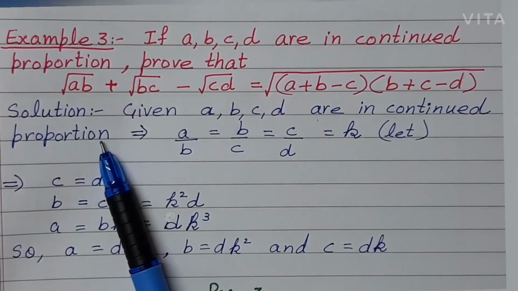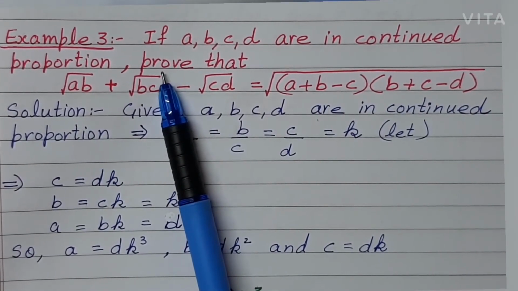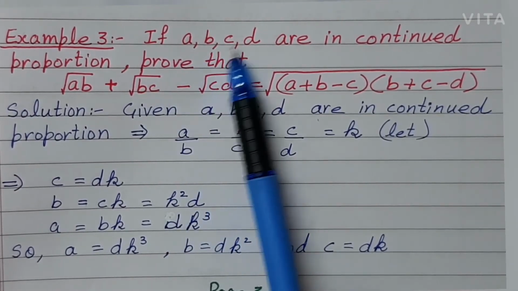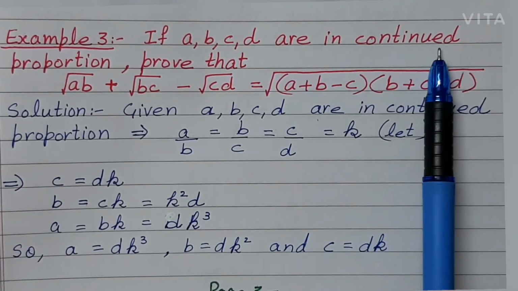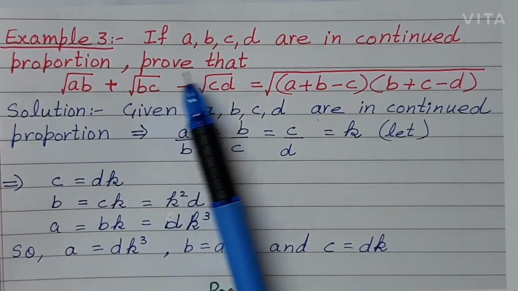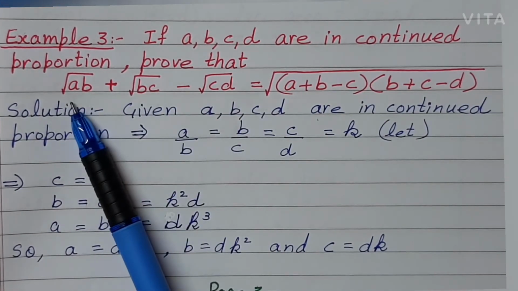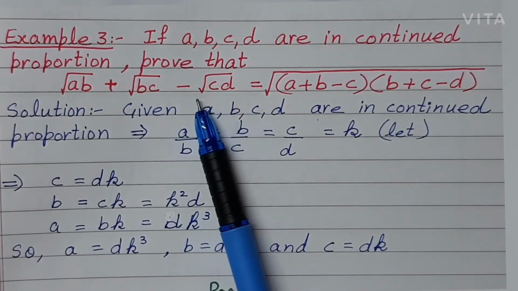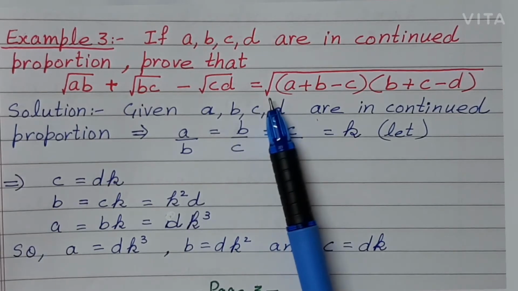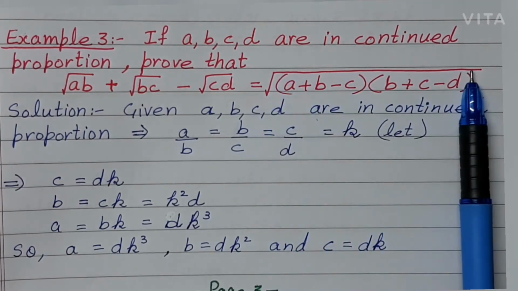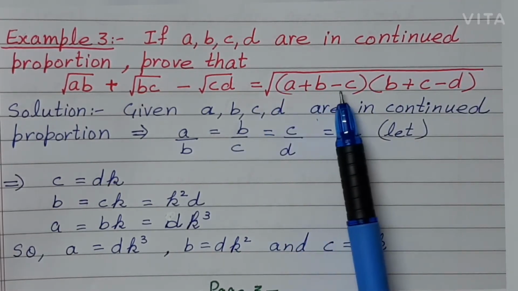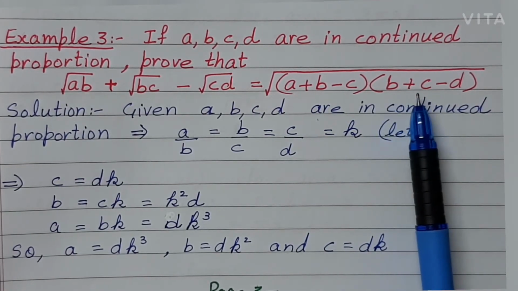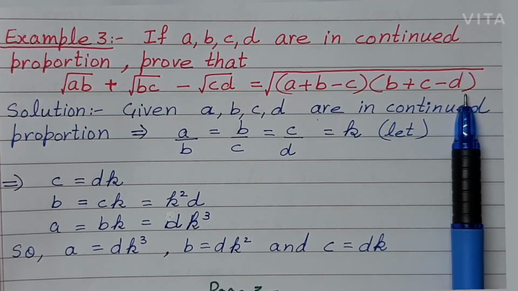Now, students, the next example is, if A, B, C, D are in continued proportion, prove that square root AB plus square root BC minus square root CD is equal to under the root (A plus B minus C) and the other bracket is (B plus C minus D).